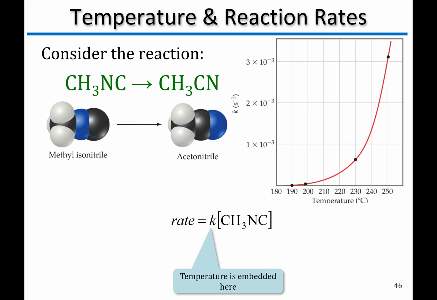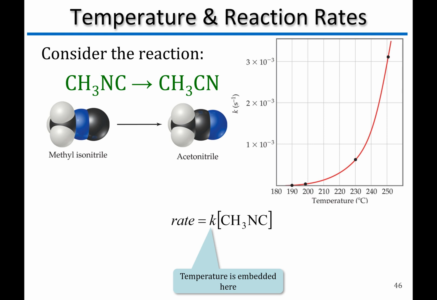If we take a look at this, here we have a plot of our k value versus temperature, and we just have a simple reaction: methyl isonitrile becoming acetonitrile, so we're going through a rearrangement essentially.